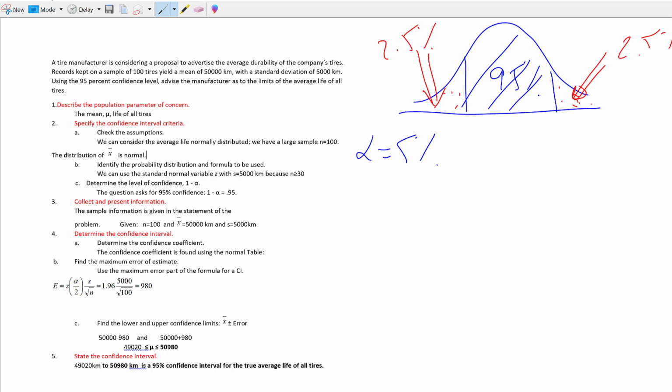We need to identify this coefficient, the cutoff point that will separate the 2.5% error. In order to read this z value, we use the normal table, and the area that we can read from the table is the area between z equal to 0 and this cutoff point.